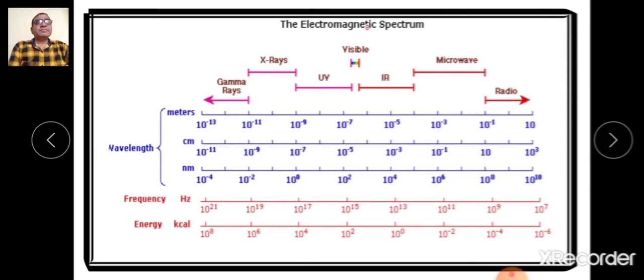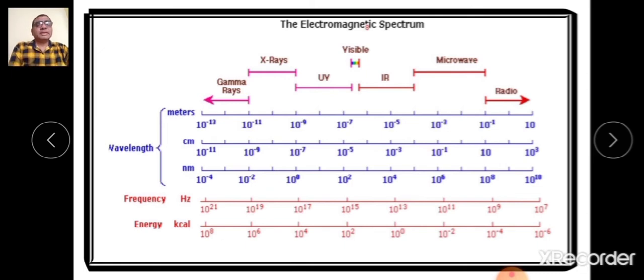In the diagram, you can see the electromagnetic spectrum, which is very large, and it is divided into 7 regions, namely radio waves, microwaves, IR, that is infrared, visible region, ultraviolet region, X-ray, gamma rays.